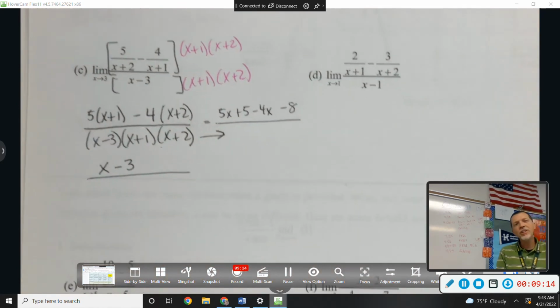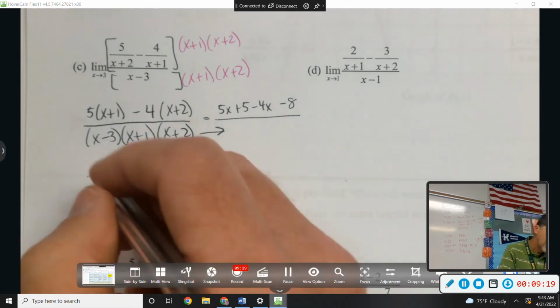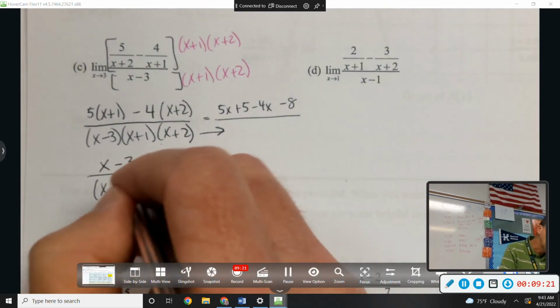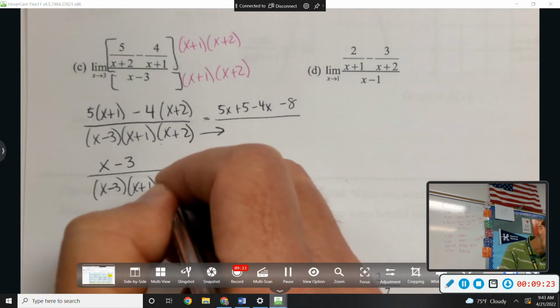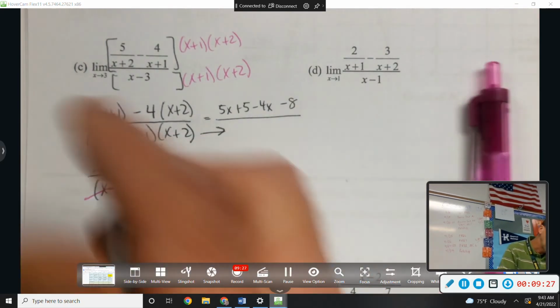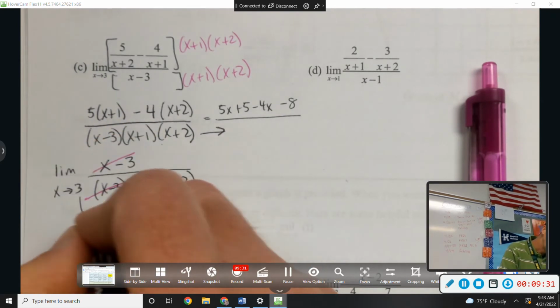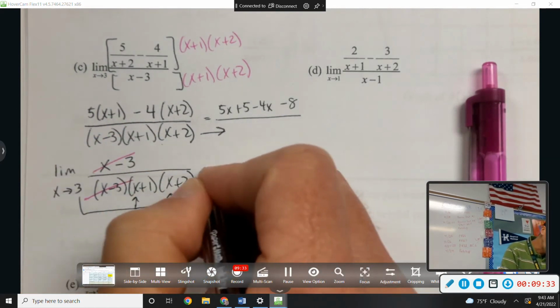Is that good news that it cleans up to x minus 3? Yes. Why yes? Because there's an x minus 3 in the bottom. So now we can cancel something. X minus 3's go away. Now I can just plug it in.